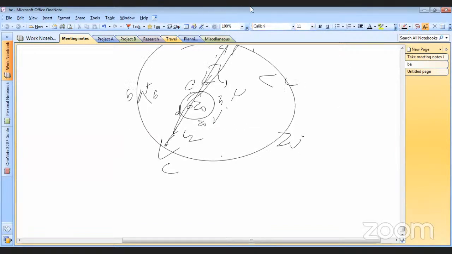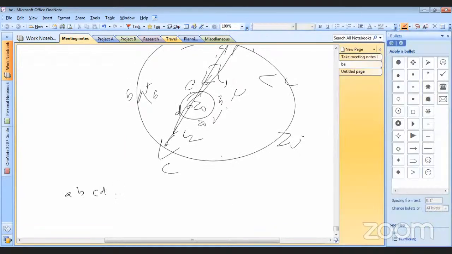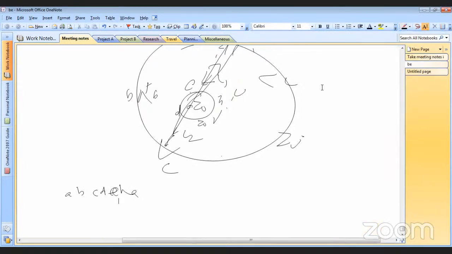ABCDEHA. Gamma 1 is this, and what is gamma 2? CJA, HKDC. From both the diagrams within the circuit, the Jordan curve.